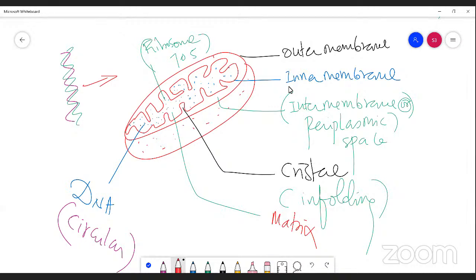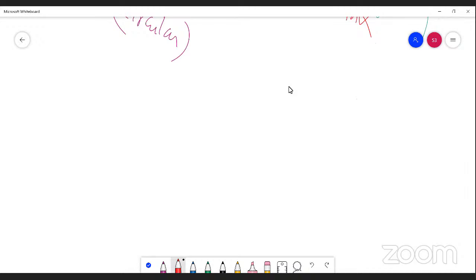Not only that, it is also made up of various components, right? I'd like to talk about it. It consists of several chemical compositions. I'm talking about the chemical composition of mitochondria, right?